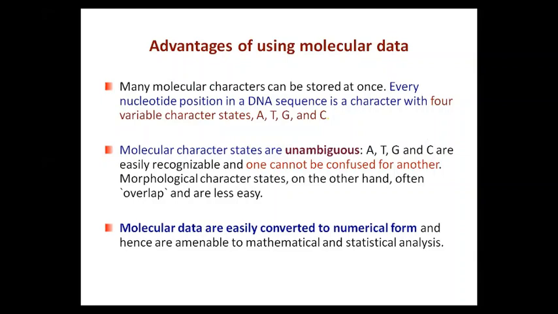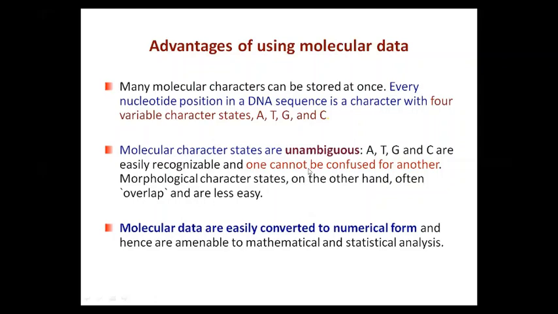If we take into account nucleic acids like DNA or RNA, say a DNA sequence is composed of 4 variable characters or nucleotides, A, T, G, and C. Similarly, RNA is composed of A, U, G, and C. So these are discrete characters, and therefore they are unambiguous, and there is no chance of confusion.